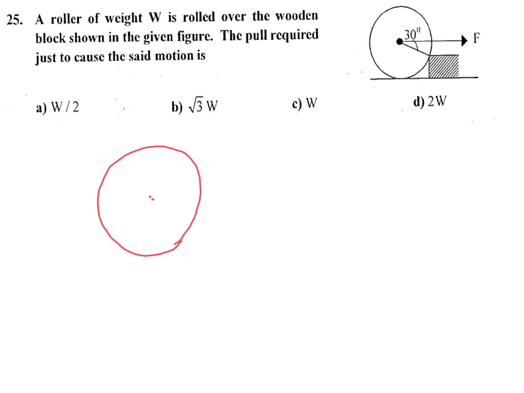Here its reaction will go in this direction, W is the weight, and the pull is P. Here W, and in this direction reaction R.